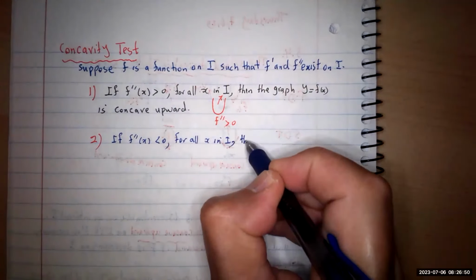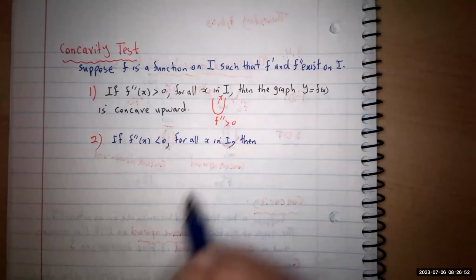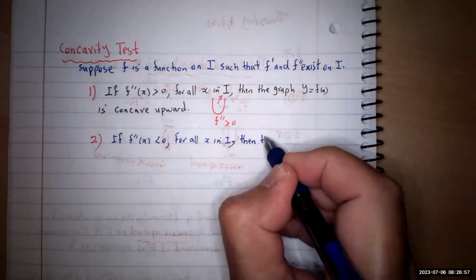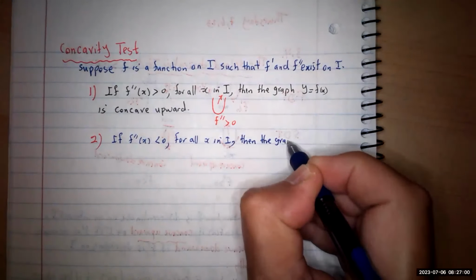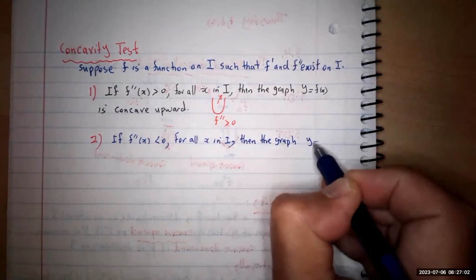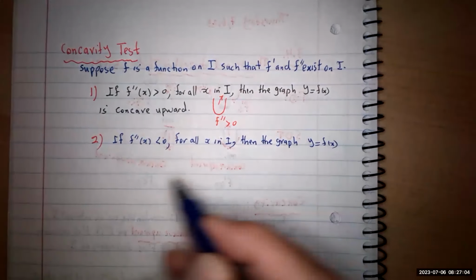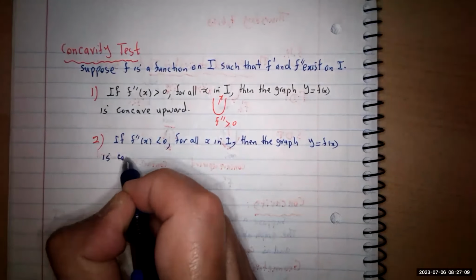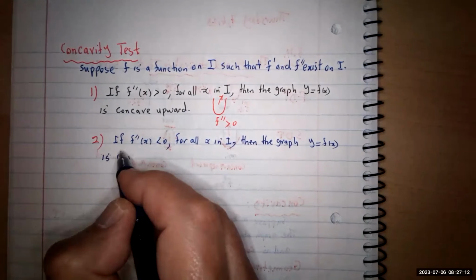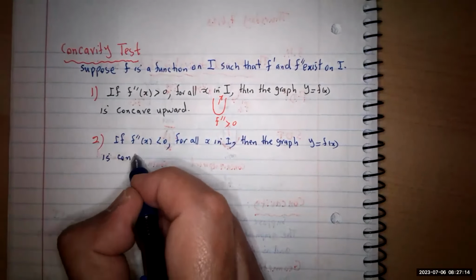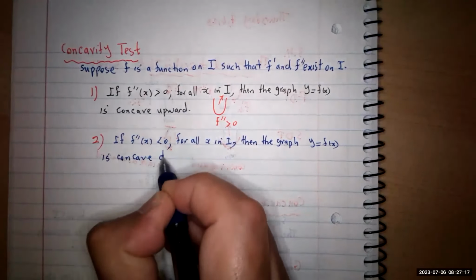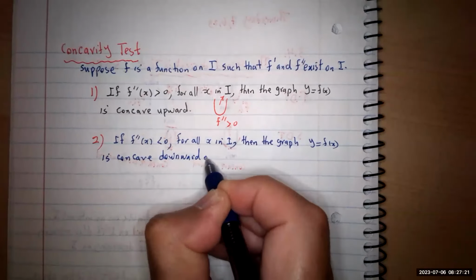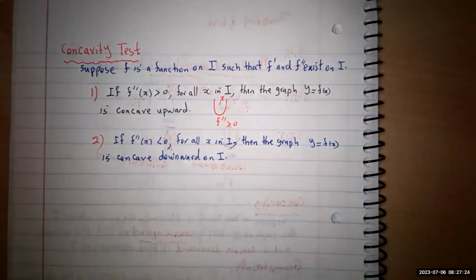Just imagine all the time the geometry of this graph. That would help you. Then the graph y equals f of x is going to be this time concave downward on I. That's it.